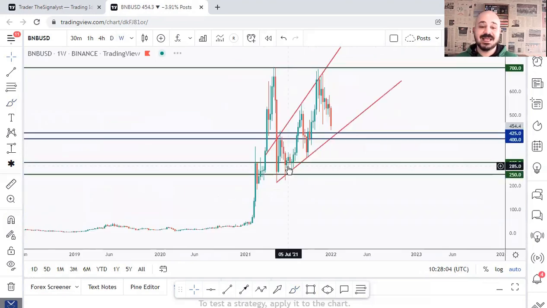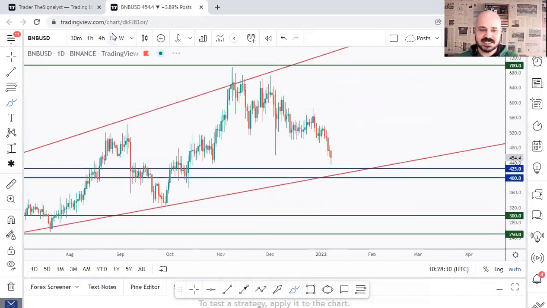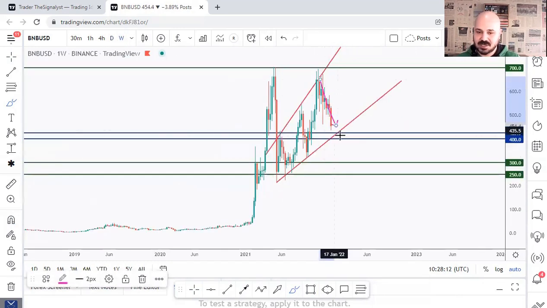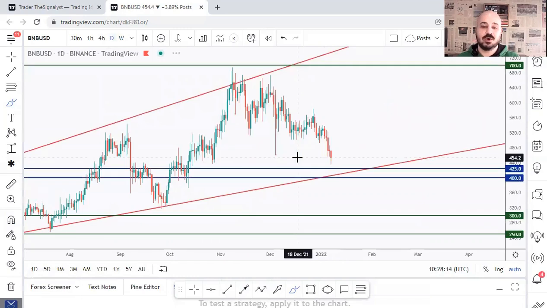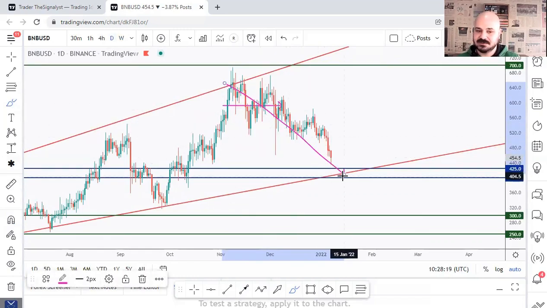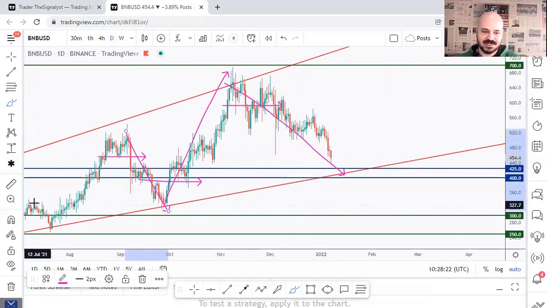So we are bullish from a long-term perspective, from weekly time frame, expecting this movement upward. We are in a correction phase. So we are in a bearish market, which is a correction phase on a bigger time frame. So here we go. We are now in a correction phase. Here we were in an impulse phase. Here we were in a correction phase. Here we were in an impulse phase. You've got the idea.